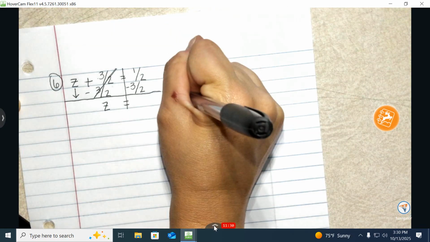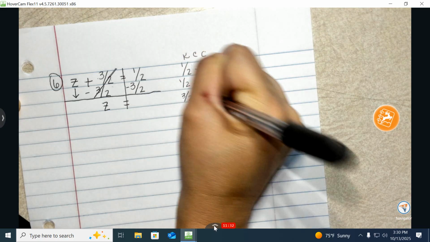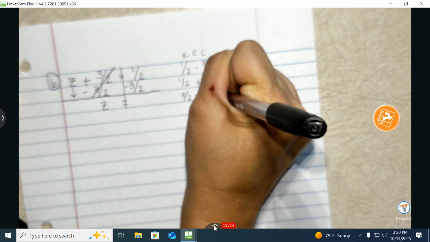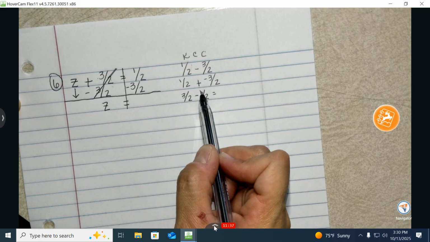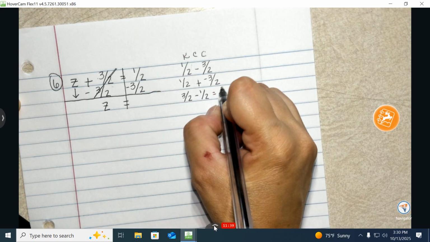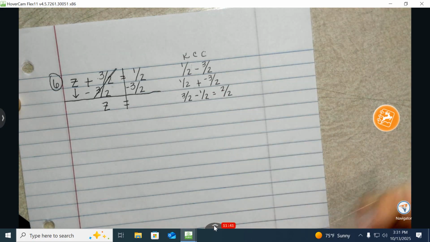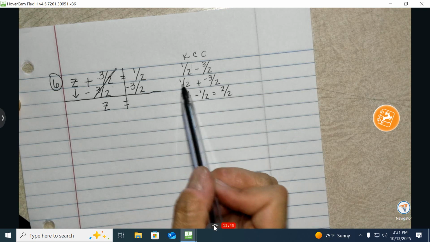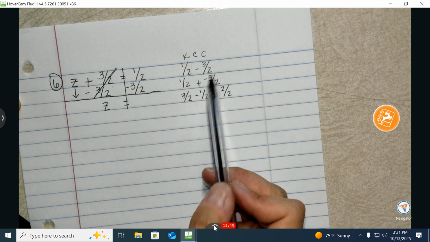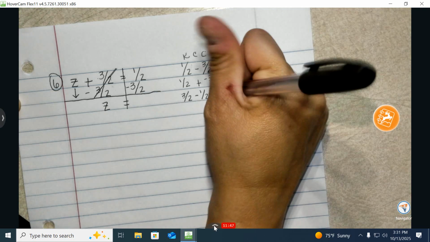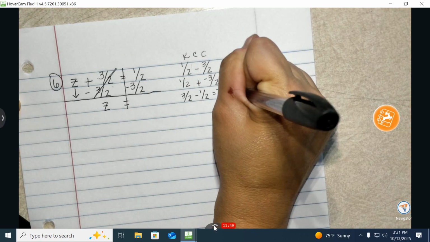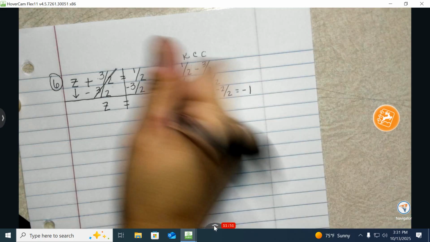So we're going to have 3 over 2 minus 1 over 2. 3 minus 1 is 2, and you keep your denominator. And then which one has a larger absolute value? That would be the negative one. So it's negative 2 over 2, which equals negative 1.